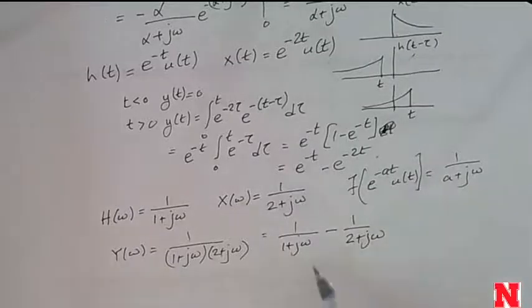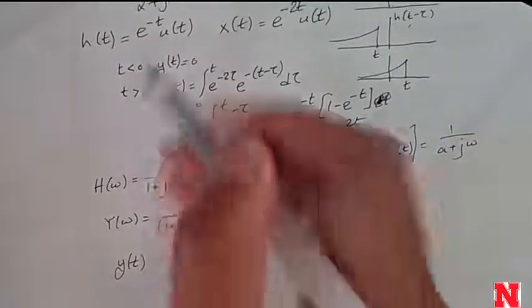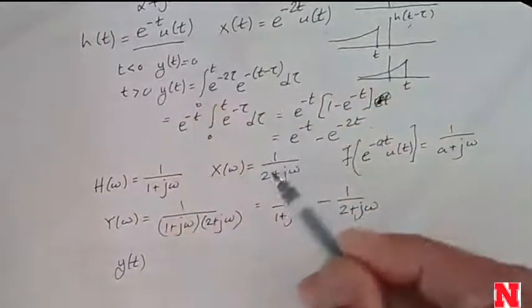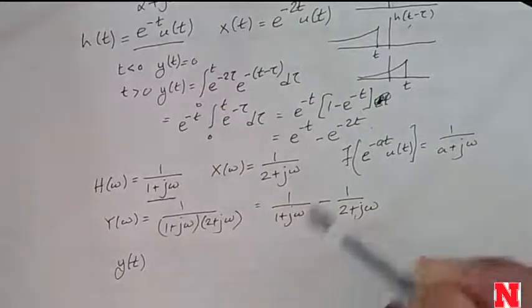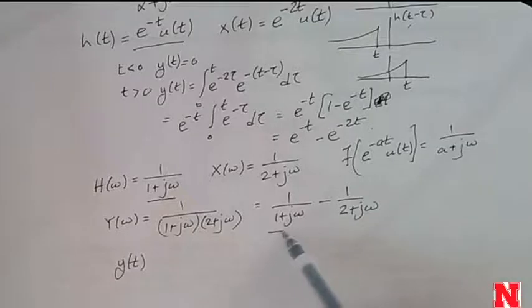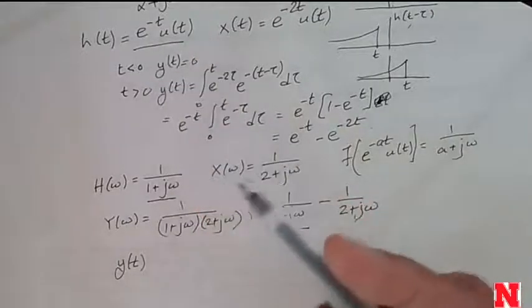Now I can find what y of t is directly, because I know 1 over 1 plus j omega is the Fourier transform of e to the minus t u of t. And the Fourier transform is unique. So if you have e to the minus t u of t, and its Fourier transform is 1 over 1 plus j omega, then the inverse Fourier transform of 1 over 1 plus j omega has to be e to the minus t u of t.